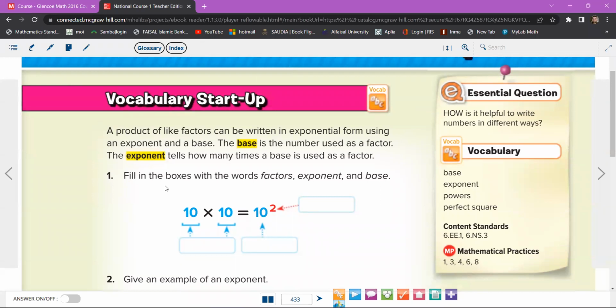For example, fill in the boxes with the words factors, exponents, and base. 10 times 10 is equal to 10 to the power of 2. 10 times 10 are the factors.